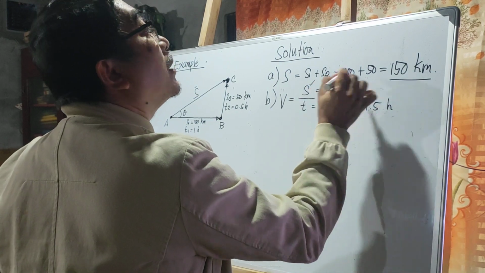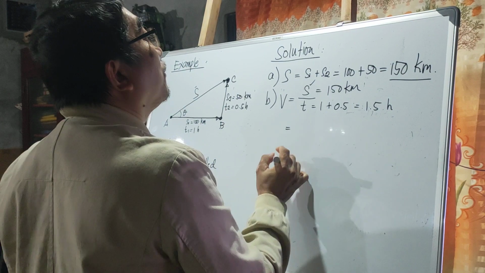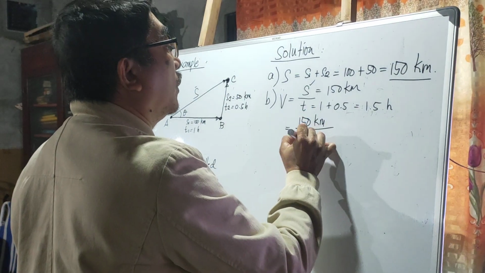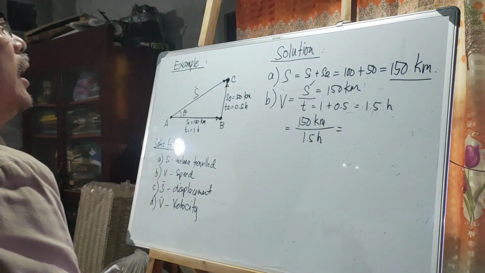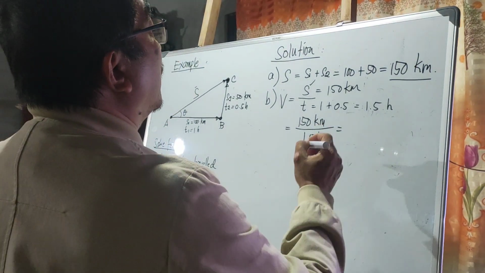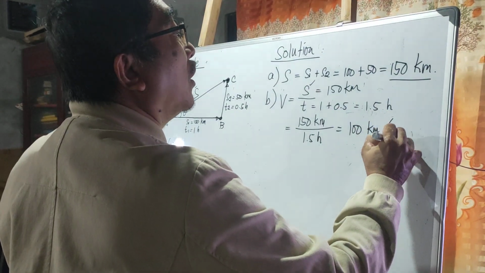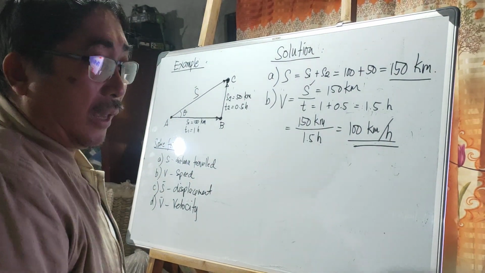At ang ating S naman is equals to 150 kilometers. So therefore, this is 150 kilometers over 1.5 hours, and that is equals to how much? So that is equals to 100 kilometers per hour. Okay?